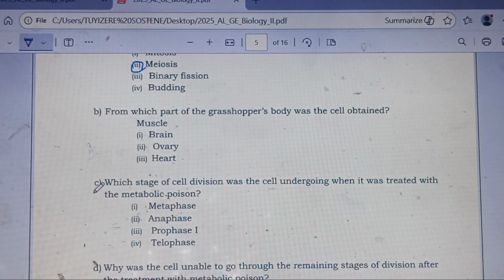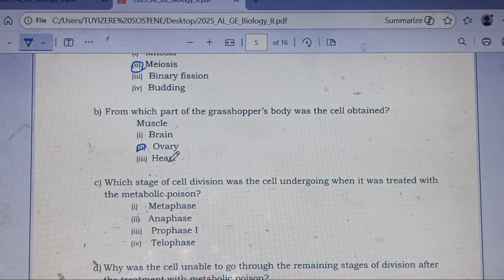B. From which part of the grasshopper's body was the cell obtained? I. Muscle. II. Brain. III. Ovary. IV. Heart. The correct answer here is III, which is the ovary.